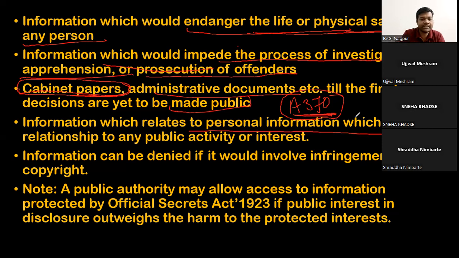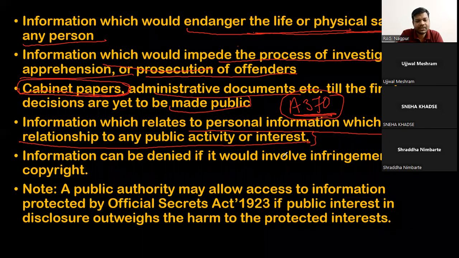Information which relates to personal information that has no relationship with any public activity or interest. It is like what the Prime Minister eats in dinner. Has anybody filed an RTI saying the Prime Minister is a public servant, a public authority, so I want to know what he eats in lunch, in breakfast? This is personal information which has no relationship with any public activity. Does what the Prime Minister eats have anything to do with his governance?